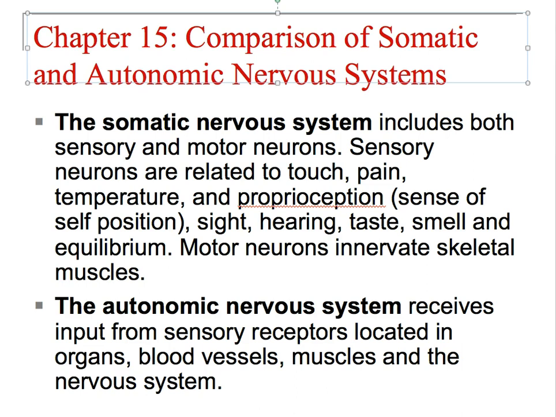We are looking at the comparison of somatic and autonomic nervous systems. I'm going to try and break the chapter up into two pieces. One is the construction and then the comparison and contrasting of the branches of the autonomic nervous system, namely the sympathetic versus the parasympathetic.